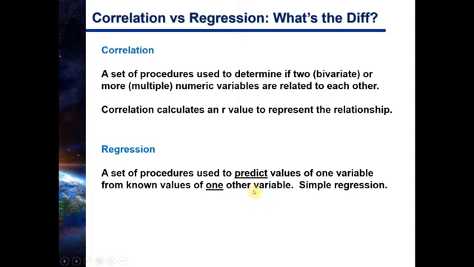Okay, so simple regression involves just two variables. You have one variable that you're using to make a prediction, and the other variable is the variable you're trying to predict. Right? That's simple regression. Multiple regression is when you have multiple variables like A, B, C, D, and you're trying to predict one other variable. So let's say you're trying to predict E.